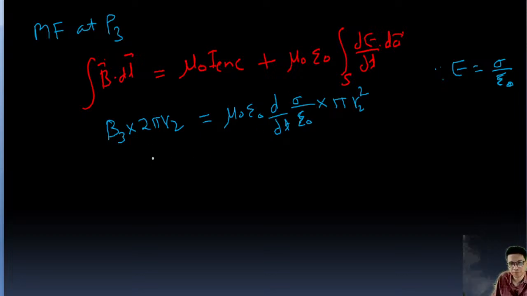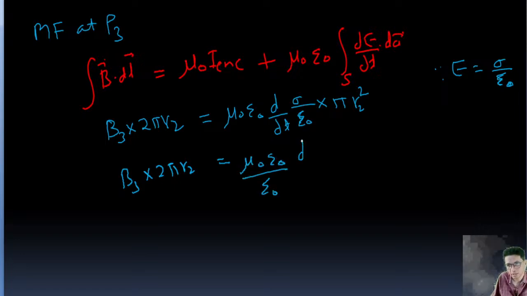So this is going to be B3 into 2 pi r2, that is going to be mu 0 epsilon 0, we can take epsilon 0 outside, d upon dt, this is going to be sigma into pi r2 square, sigma into pi r2 square. This epsilon 0 will get cancelled.